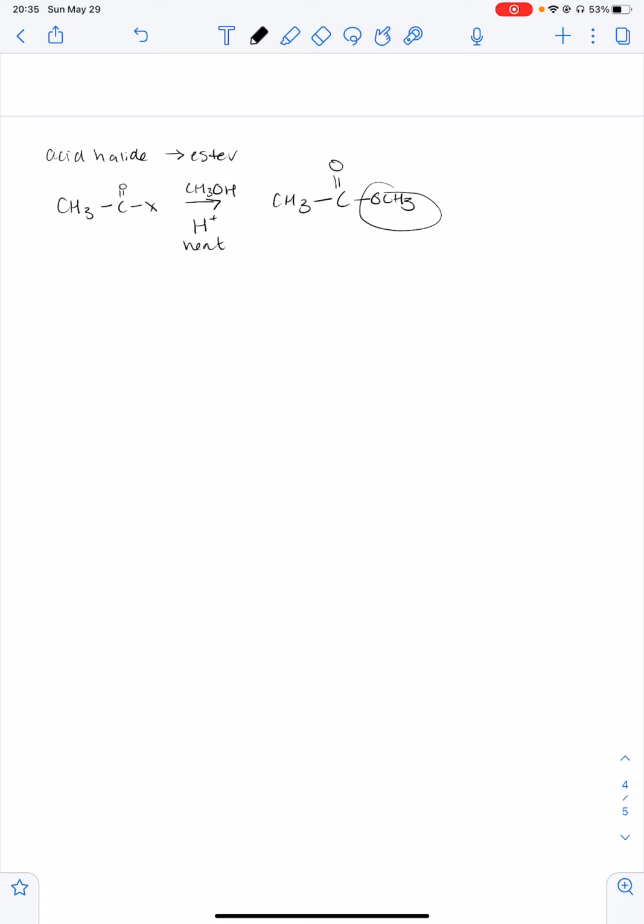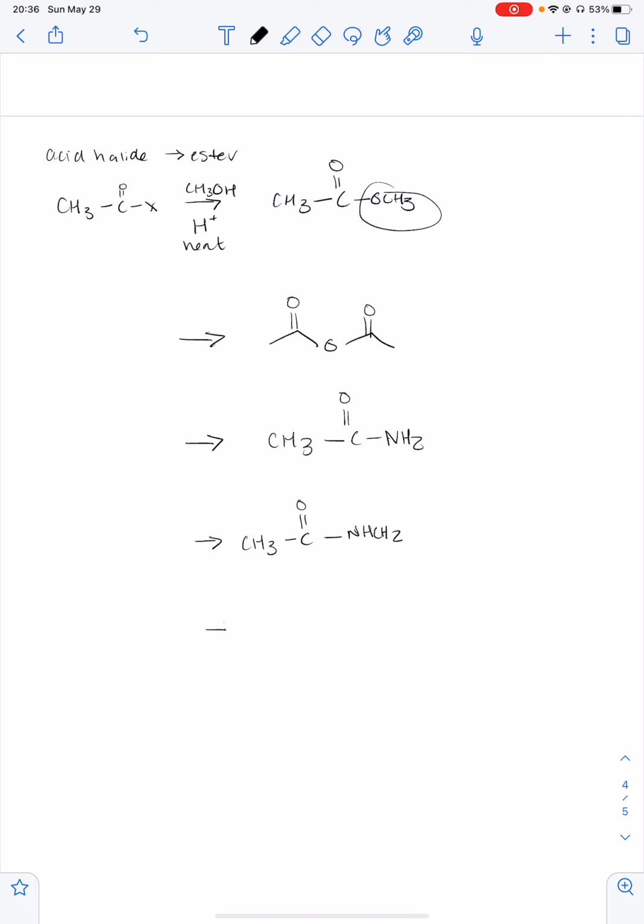If it goes to an anhydride, your product is just going to be this. If it goes to an amide, you're going to be looking at this. With an N-substituted amide, you're going to look at something just like this. For an acid, it's just going to be an OH group attached. And you can kind of see where we're going from there.